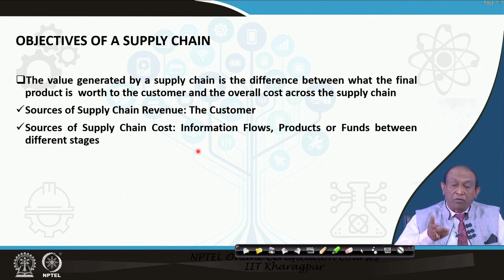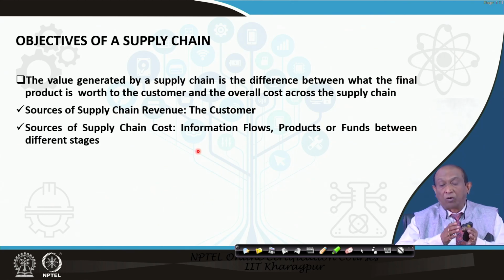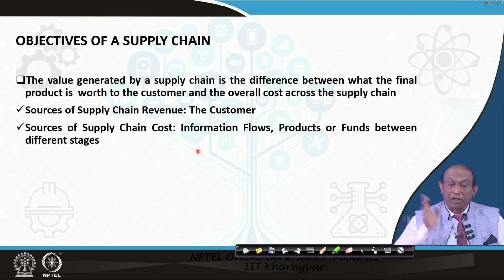The value generated by a supply chain is the difference between what the final product is worth to the customer and the overall cost that has been incurred across the supply chain to deliver that product to that customer, right from the stage of procurement down to manufacturing, because at each stage some sort of value addition has taken place, and that is why some costs are involved.